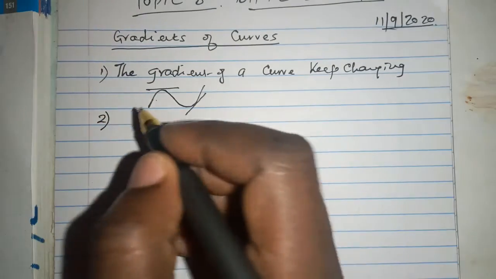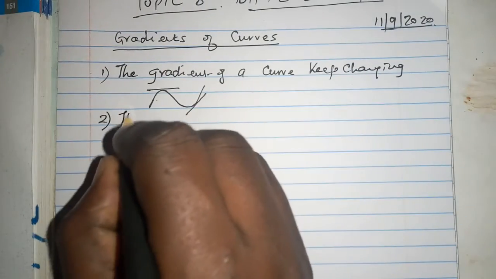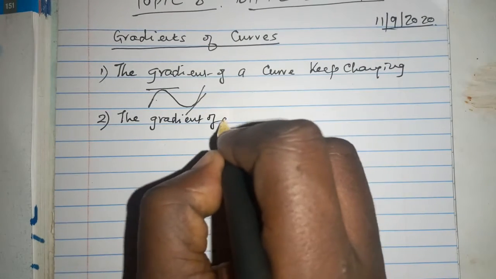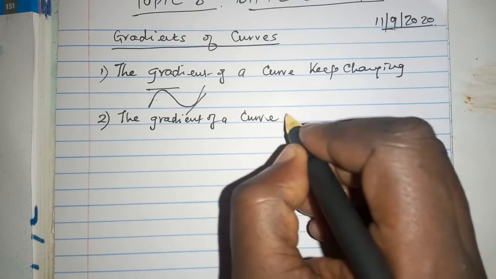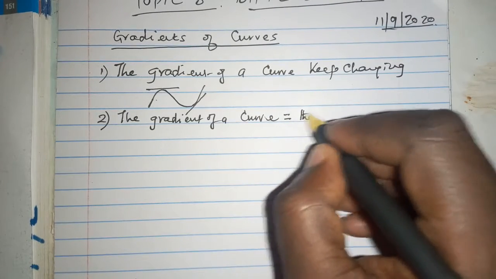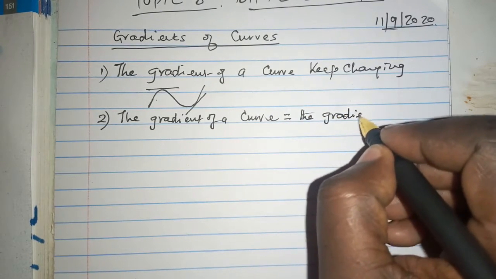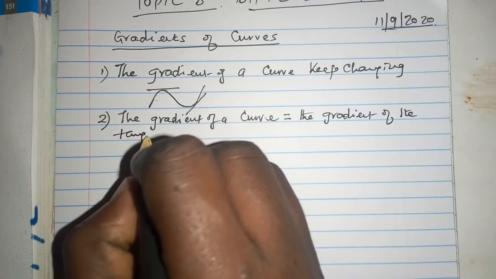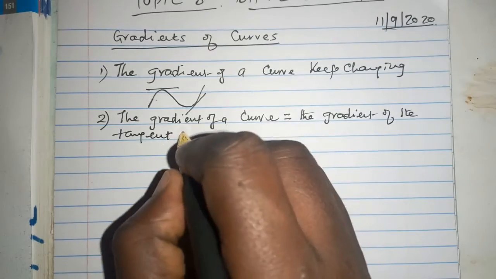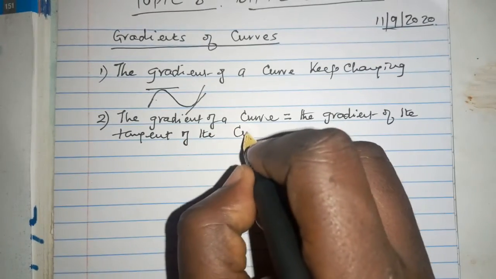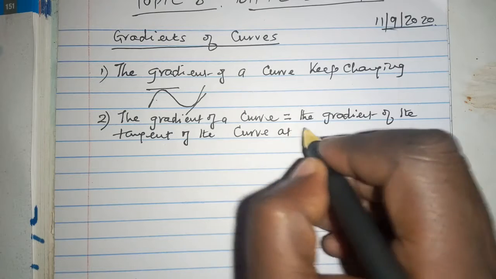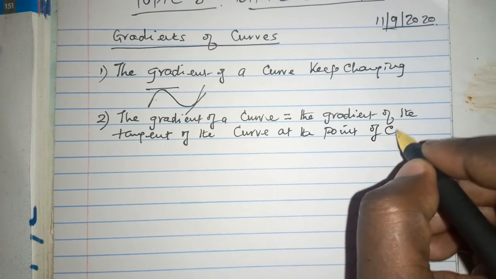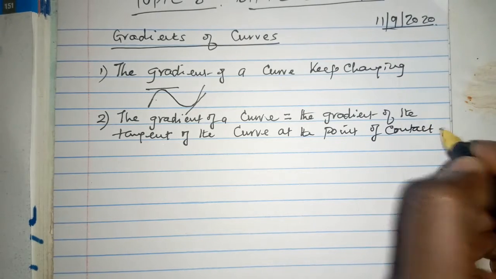Point number 2 to note is that the gradient of a curve is equal to the gradient of the tangent of the curve at the point of contact.